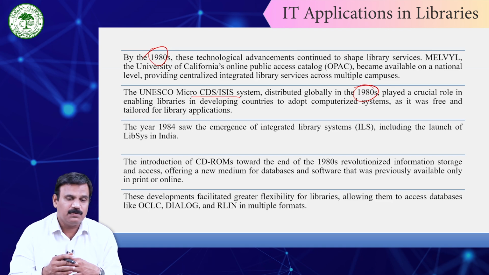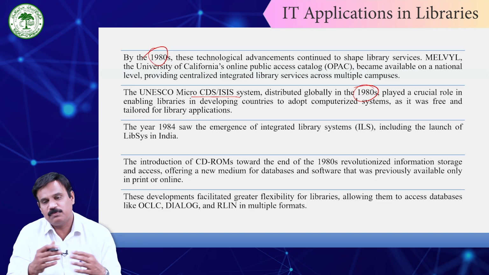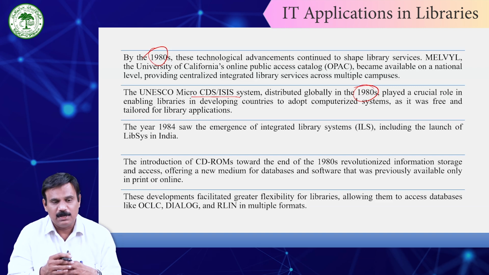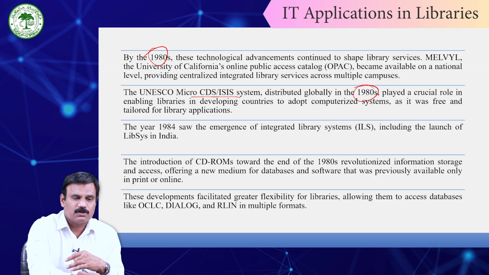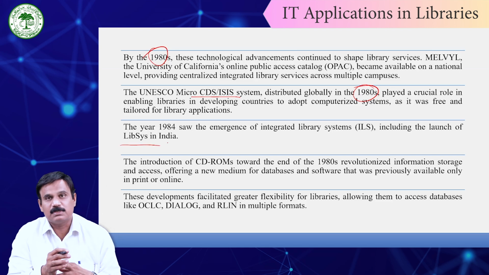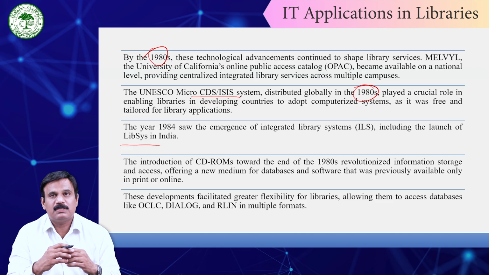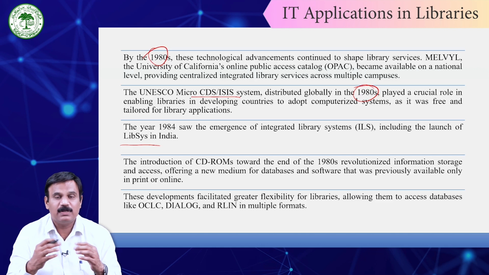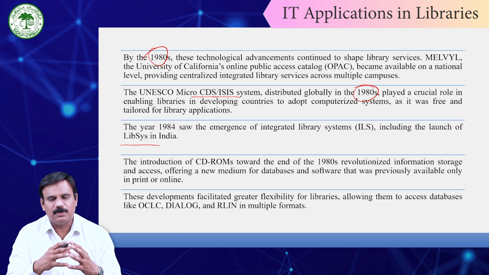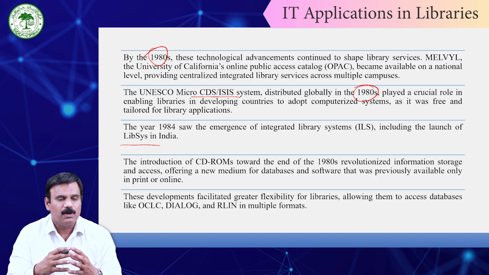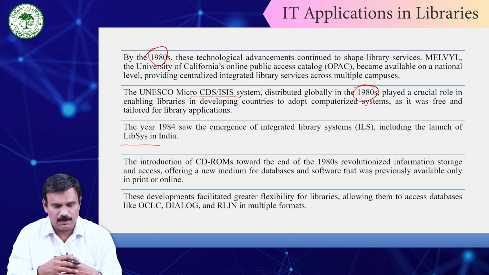In 1984, we saw the emergence of integrated library systems, including the launch of various software like Ellipsis and others. The introduction of CD-ROMs toward the end of the 1980s revolutionized information storage and access, offering a new medium for databases and software that were previously available only in print or online mode.